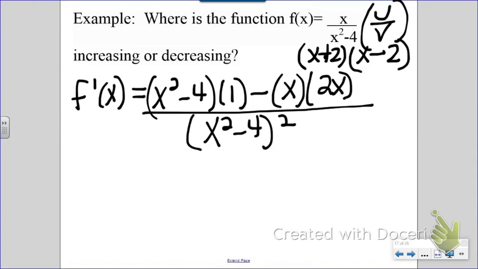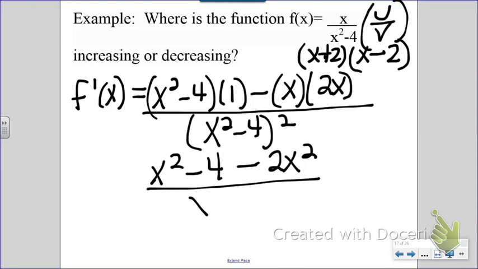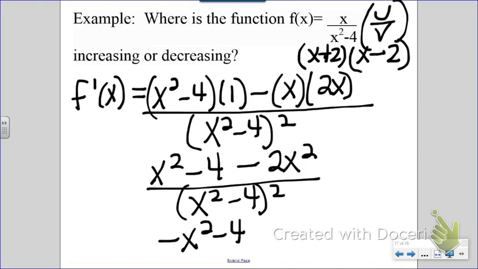Simplify. X squared minus 4 minus 2x squared all over x squared minus 4 quantity squared becomes negative x squared minus 4 over x squared minus 4 quantity squared.